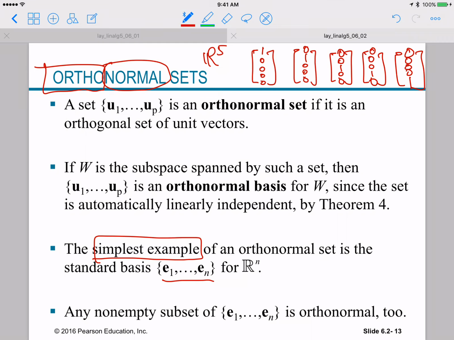You pick any pair and compute the inner product. The inner product will always be 0, right? And then, do they have a length of 1? Yes, they have a length of 1.